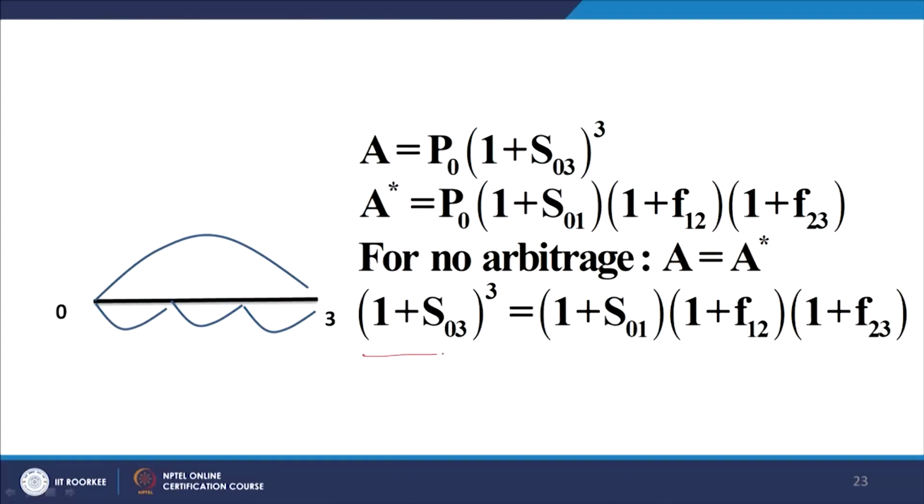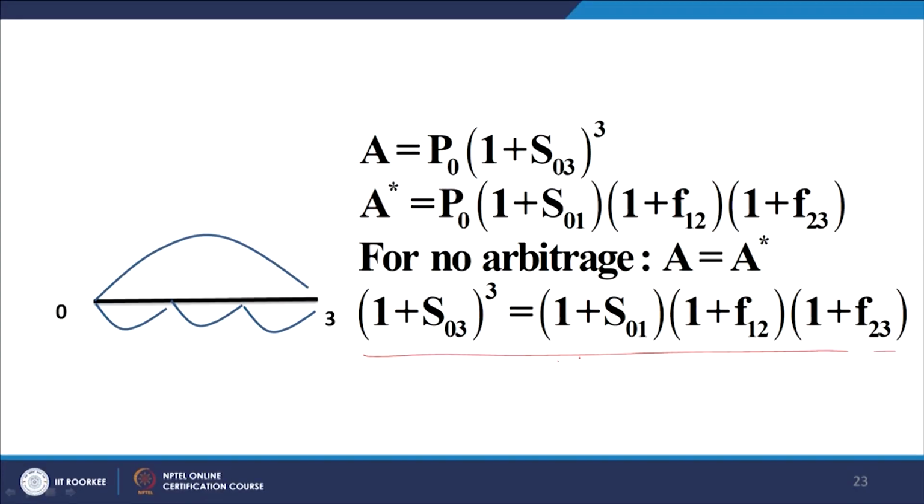This leads me to the expression given at the bottom right of the slide: 1 plus S03 to the power 3, which is on the basis of the spot rate at which I invest straight away for 3 years, one time investment. The right hand side represents the rollover investment: I invest for 1 year at a time, from 0 to 1 year, from 1 to 2 years, and from 2 to 3 years.